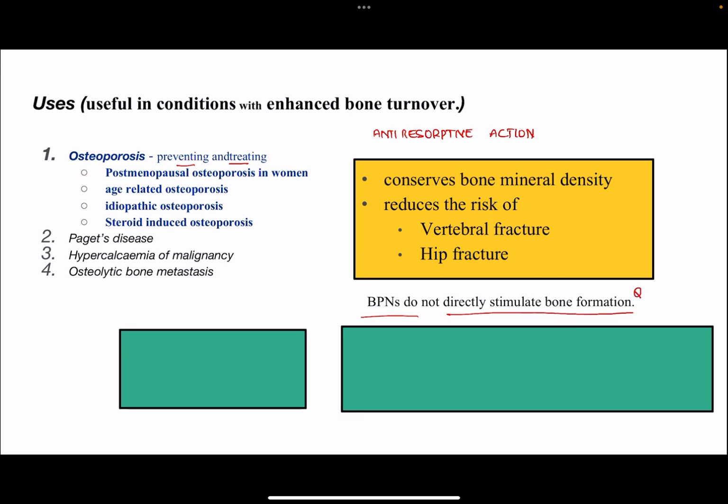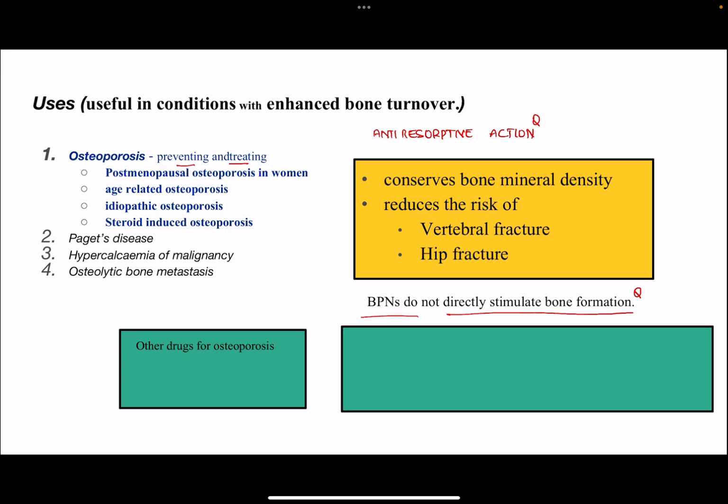The main action of the bisphosphonates is through preventing the resorption induced by the osteoclast. But please remember, they do not have a direct stimulation on bone formation. And what are the other drugs which can be used? The most effective drug is the bisphosphonates. The most preferred first choice drug in osteoporosis is the bisphosphonates.